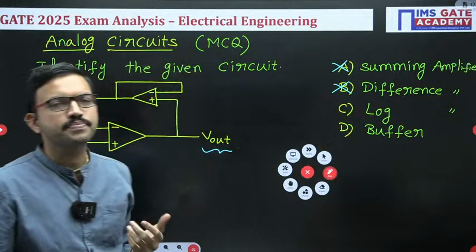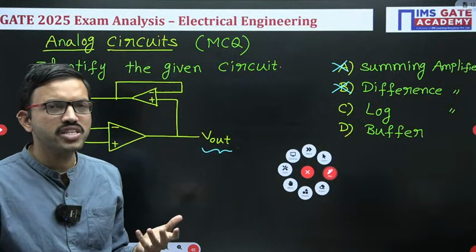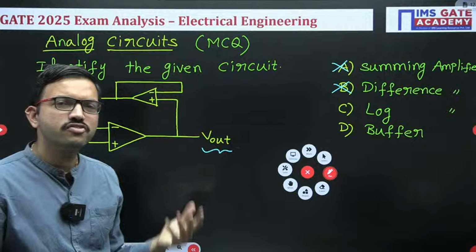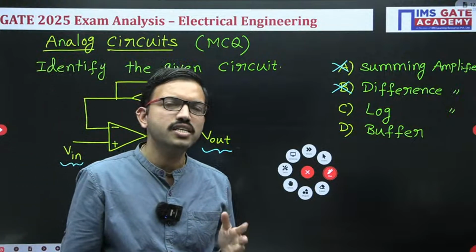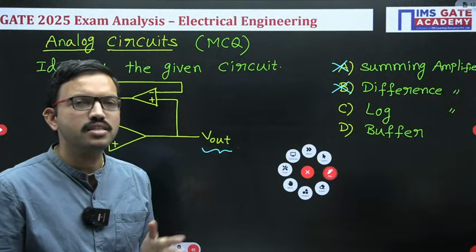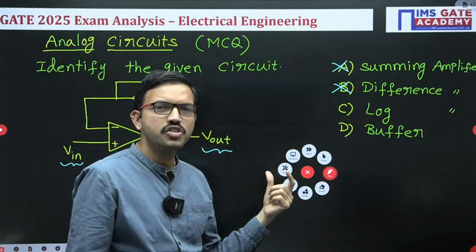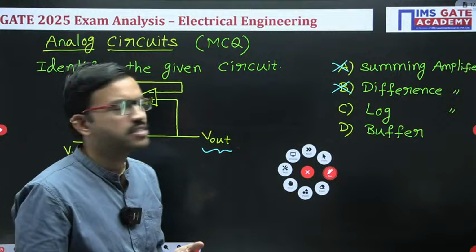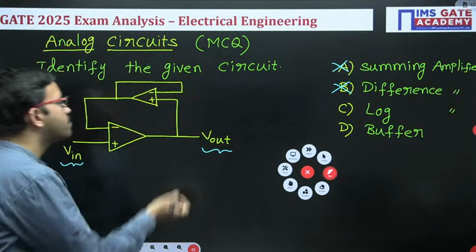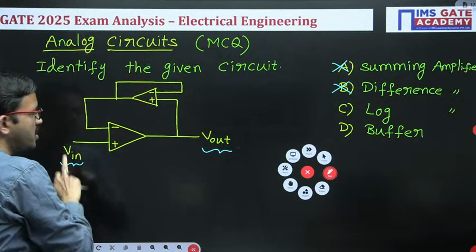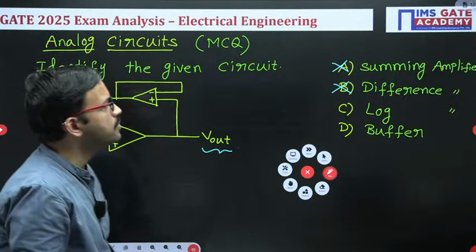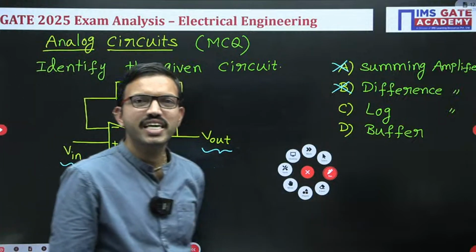If you are having 3 or more inputs, according to the requirement you can perform addition among a few inputs and subtraction among the remaining, like that you can get whatever equation you want. Since in this circuit diagram, broadly you're having one input, one output, we can eliminate option A and option B.